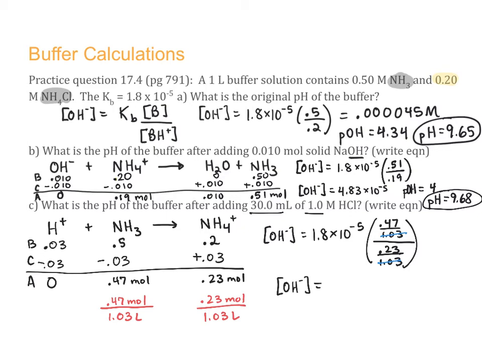So for the hydroxide concentration, I actually didn't write down, but I got that the pOH was 4.43, and so the pH would be 9.56. Notice again, we added an acid, so the pH went down a little bit in comparison to the 9.65, but the buffer did its job and the pH did not change a great deal. We've got one more example on the next slide.